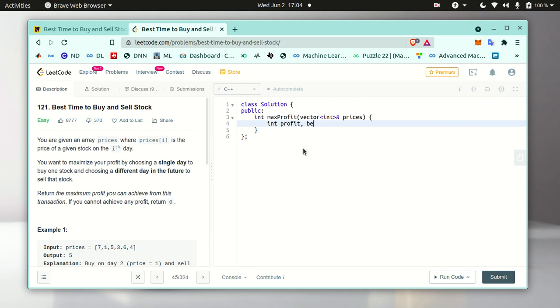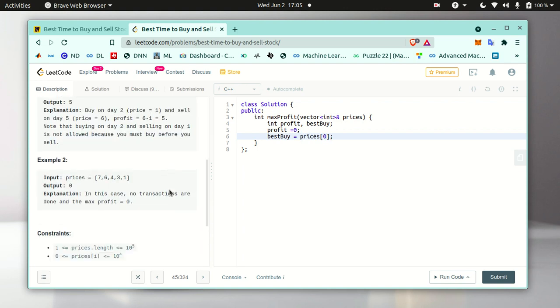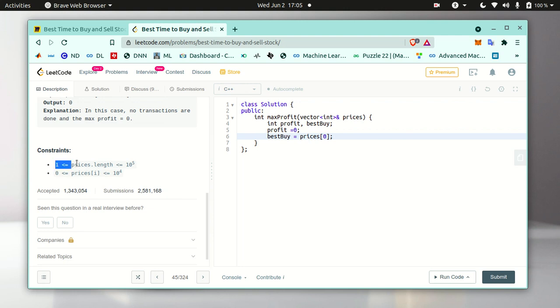Profit is going to be 0 and best buy is going to be the first value in the prices array. And obviously you see this constraint that the length of this array will always be greater than or equal to 1. So that is why this attempt to access the first element will always be successful. Okay, no edge cases there.